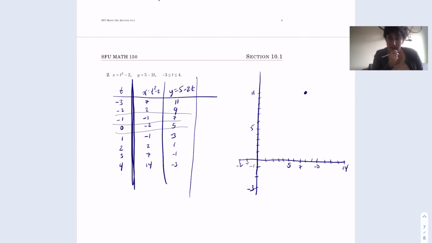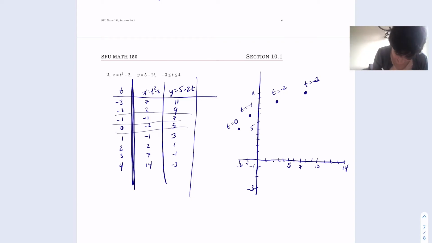So that is t equals negative 3. Then I go over to 2 and 9, which is t equals negative 2. Then I've got negative 1 and 7, way up here, t equals negative 1. T equals 0 is negative 2 and 5. Then t equals 1 gives the point negative 1, 3.